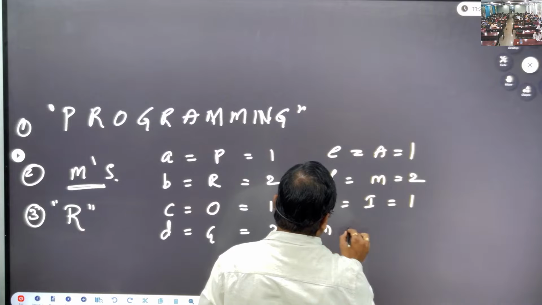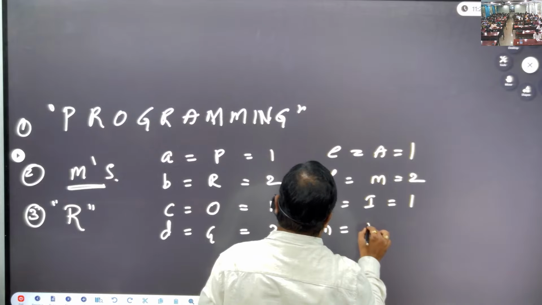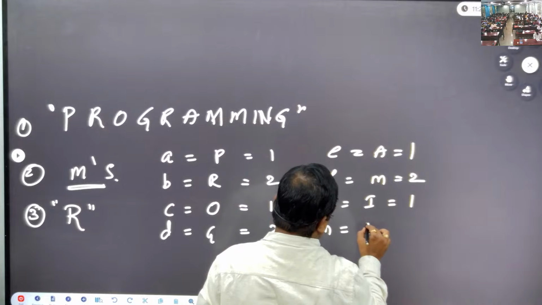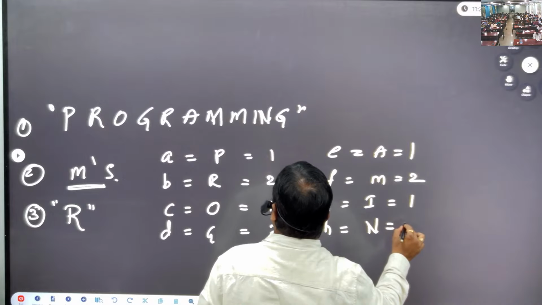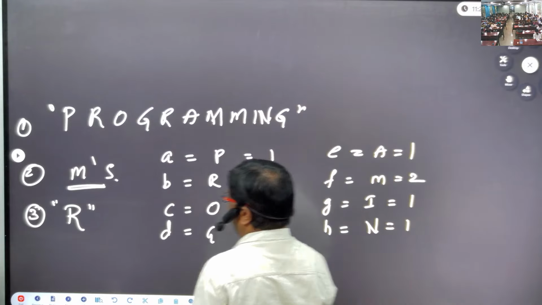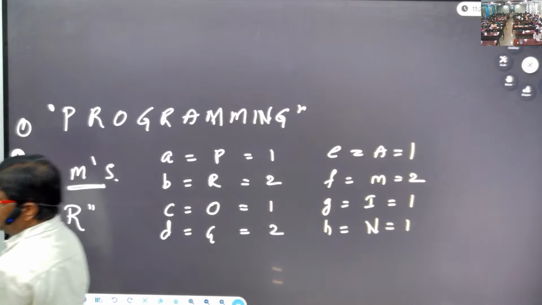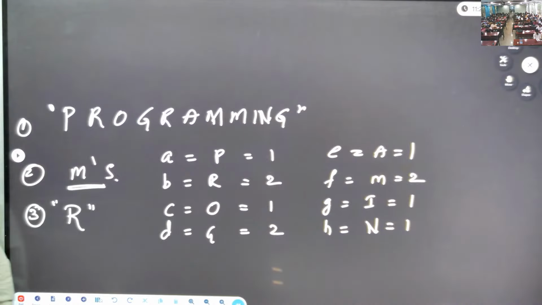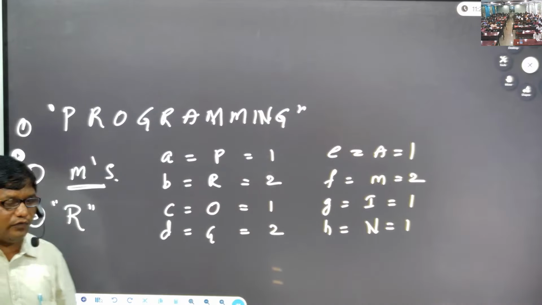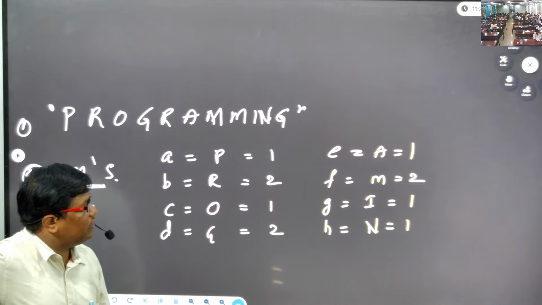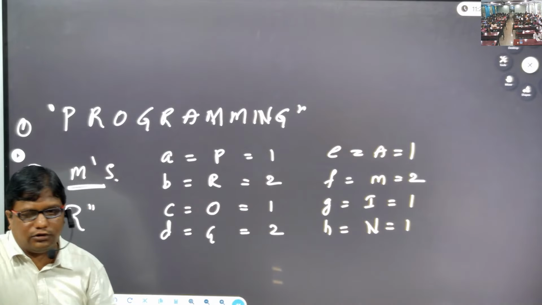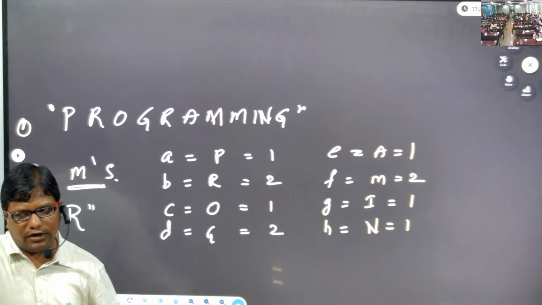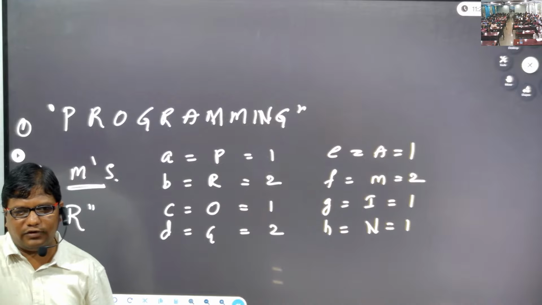Next H. Next N, count is 1. Okay. So first answer is 11 factorial by 1 factorial into 2 factorial into 1 factorial into 2 factorial into 1 factorial into 2 factorial into 1 into 1 factorial. That is our answer for the first one.